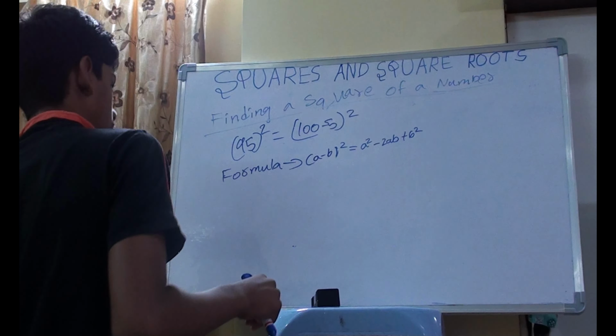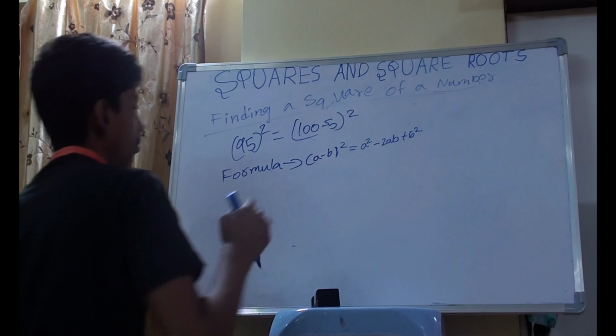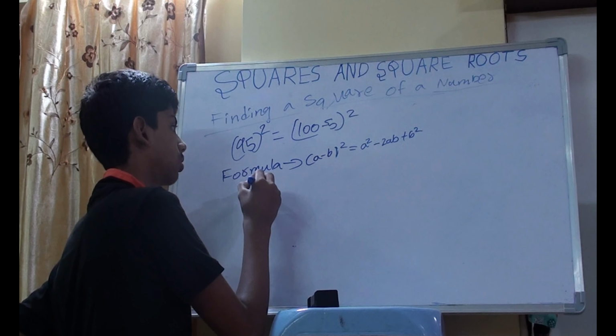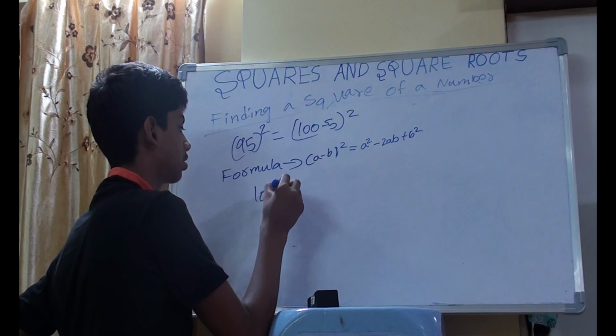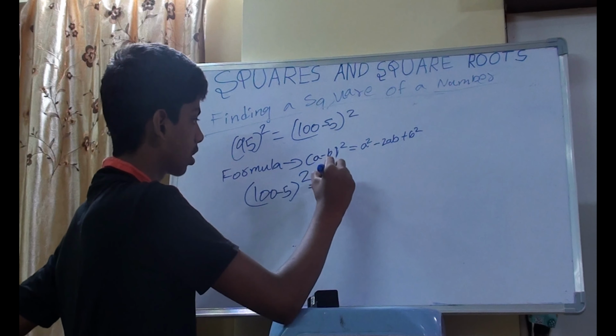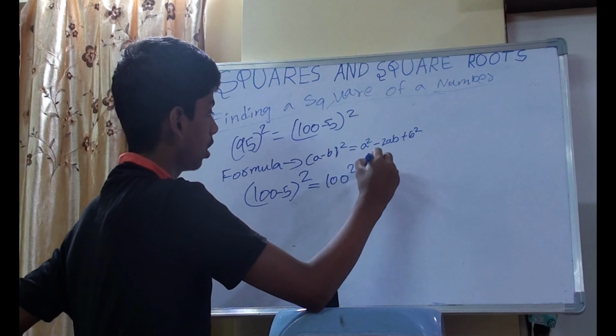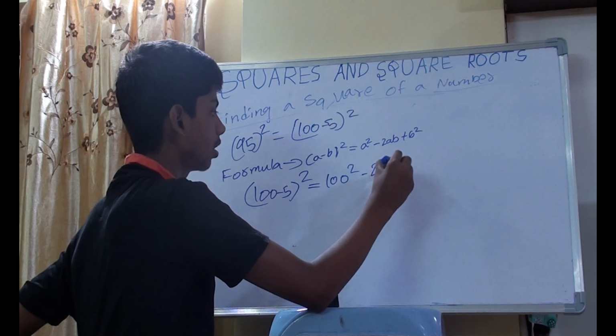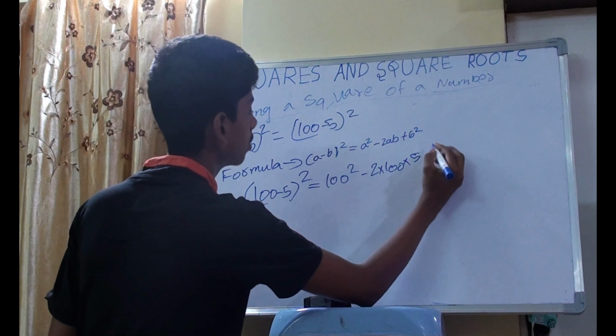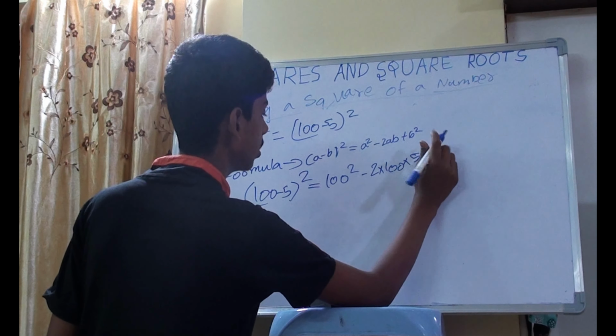We take 100 as a and 5 as b. So we have (100 - 5) whole square equals 100 square minus 2 into 100 into 5 plus 5 square.